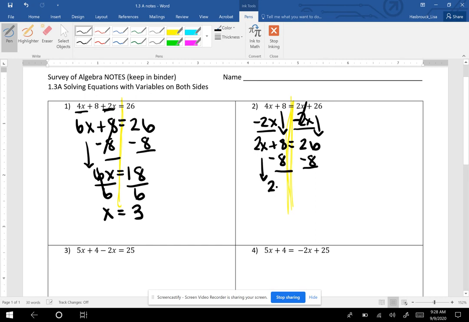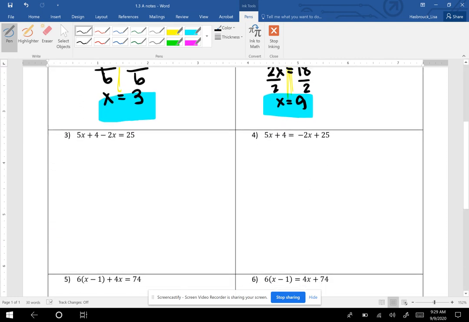I bring down my 2x, the 8's cancel out, and 26 minus 8 is 18. And now I divide by 2 on both sides to get x equal to 9. Notice you do get different answers depending on if the letters are on the same side or opposite side of the equal sign, so we need to be careful and follow the correct procedures to solve these.